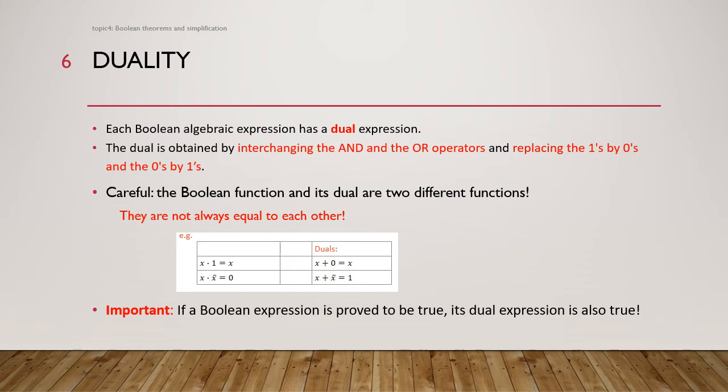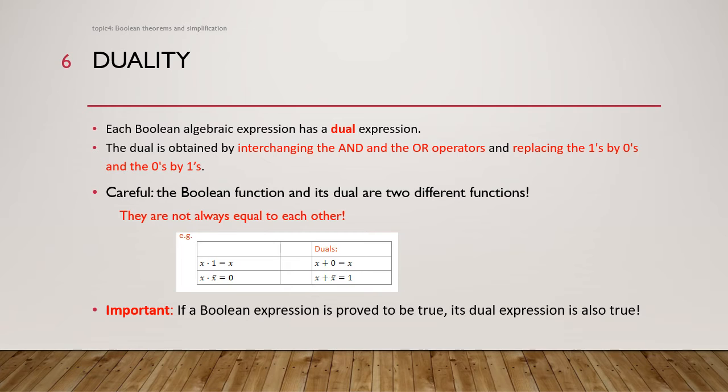A dual expression can be obtained by interchanging the AND and the OR operators, replacing the ones by zeros, and replacing the zeros by ones. One thing you need to be aware of is that the dual expression is not equal to the original function. They are two different functions, but we introduce this because it simplifies our work.